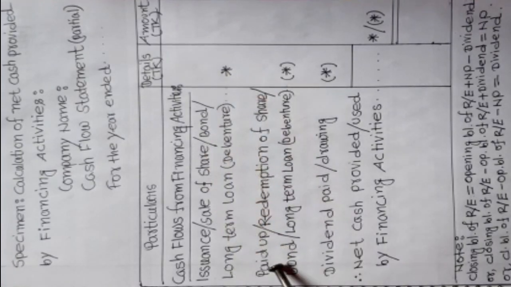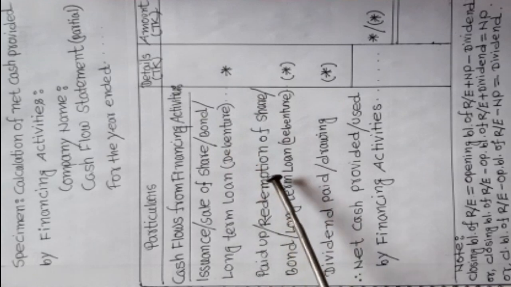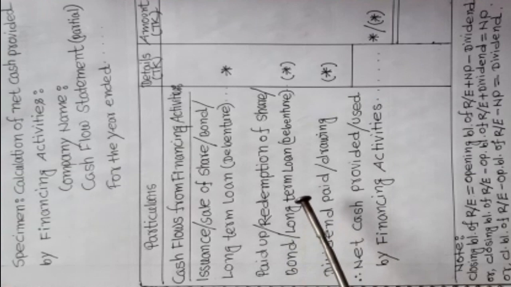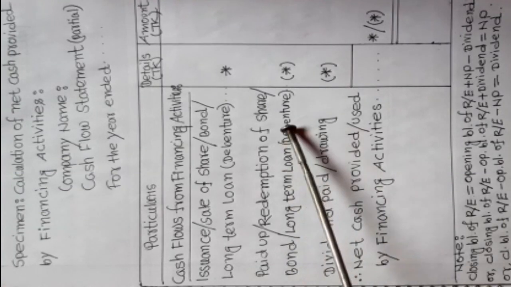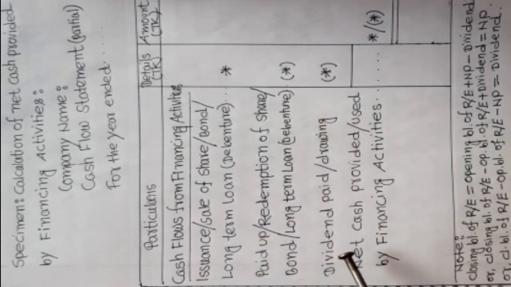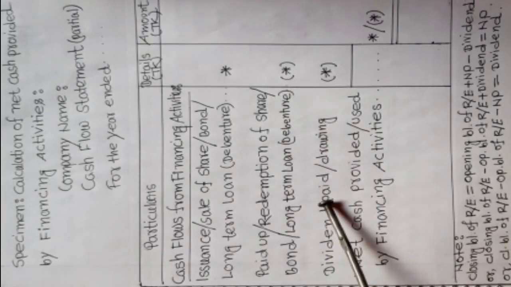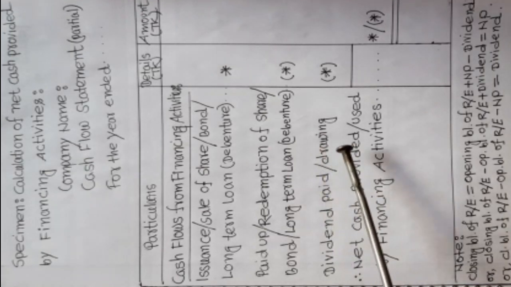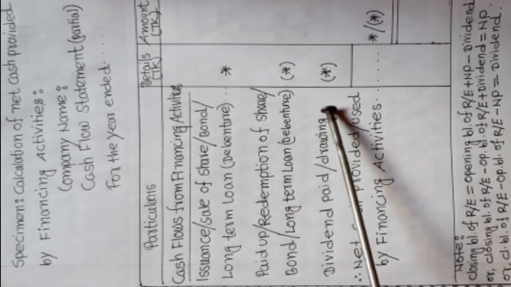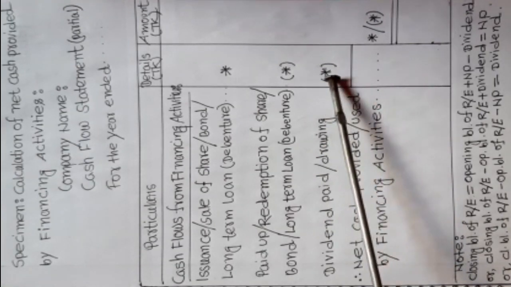But paid up or redemption of share or bond or long term loan such as debenture will be deducted, and dividend paid or drawing for sole proprietorship business will be deducted.